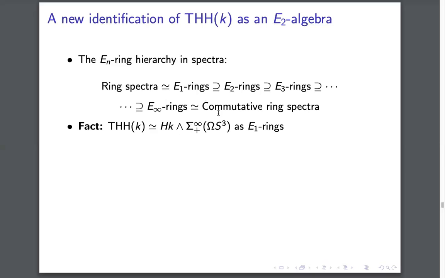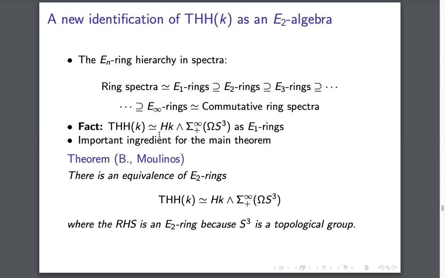So the right-hand side is E2, the left-hand side is commutative, therefore E2 in particular. Does this also agree as E2 algebras? And we say yes. We show that this can be promoted to an E2 equivalence of ring spectra. So this gives us a new identification of THH of K. Because S3 is a topological group, this is E2.